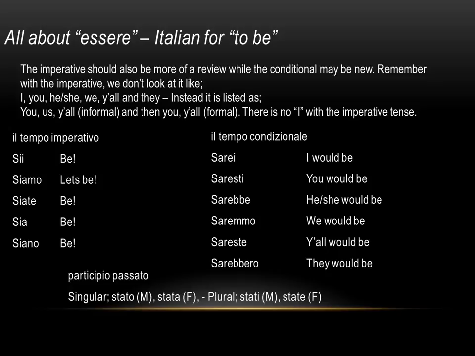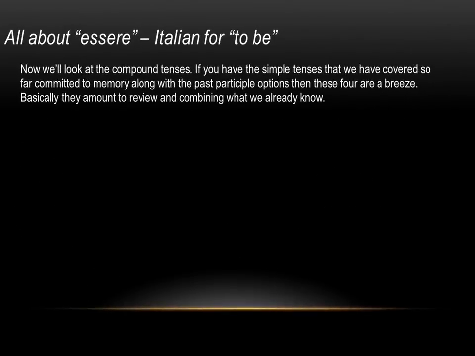If it's all feminine, state. Okay? So, stato, stata, stati, and state is the past participle for essere. Once again, it's not difficult. Don't let it overwhelm you. It's all stato. You just change that last letter. Stato, stata, stati, state.